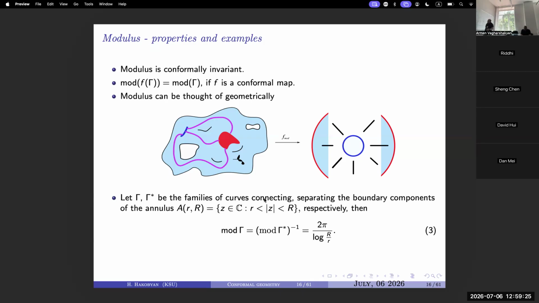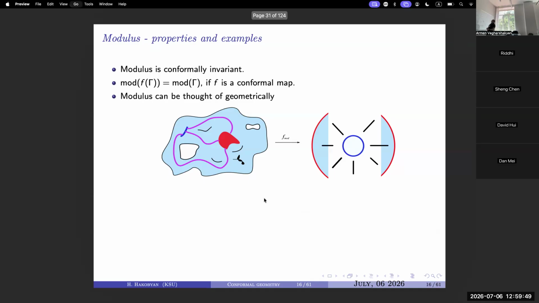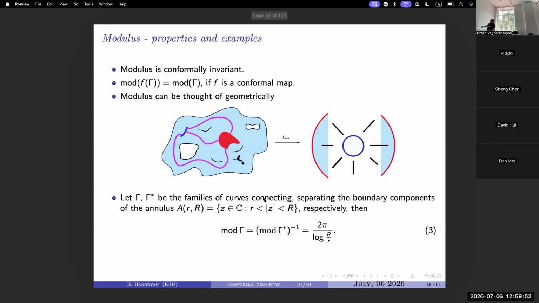So now, because we know this, we can ask whether the surface that we obtain after these identifications is a punctured disk or an annulus. The way you do that is you have to figure out whether the family of curves starting here and going all the way to infinity has zero modulus or positive modulus.